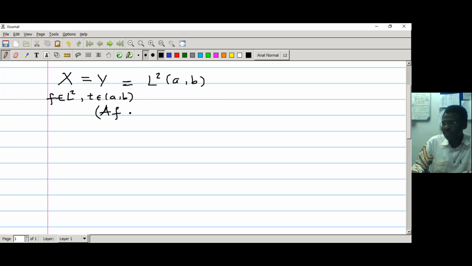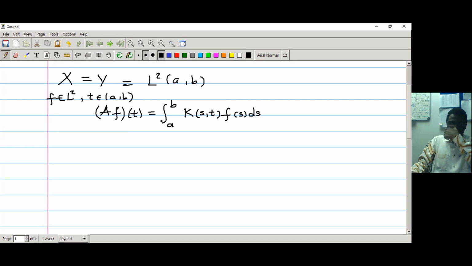Now we apply that to f, and that's what we have here: the integral from a to b of k(s, t) f(s) ds. If you integrate with respect to s, it will depend on t. That's exactly what we have.